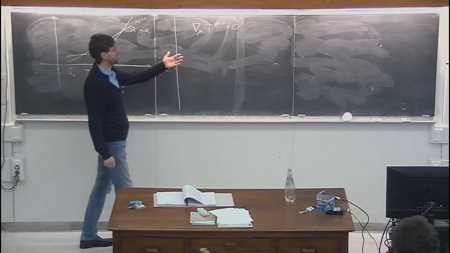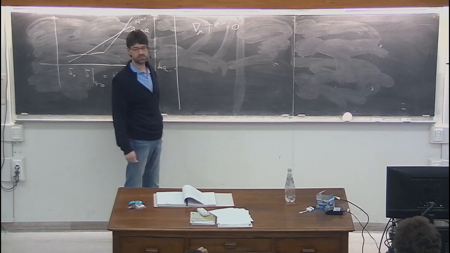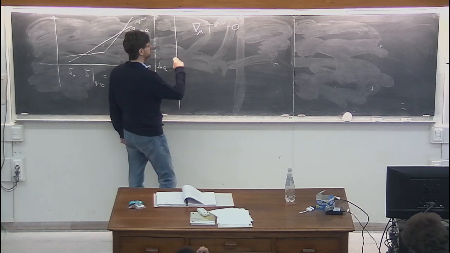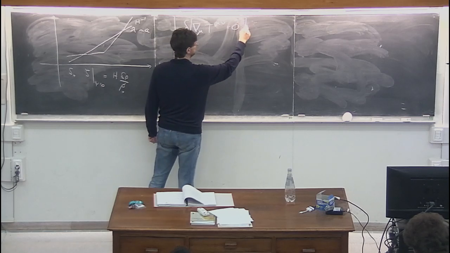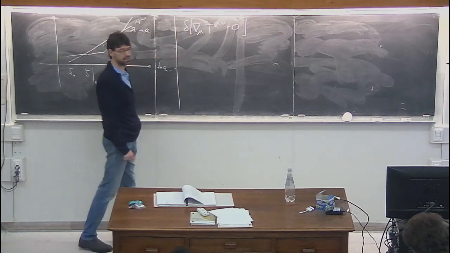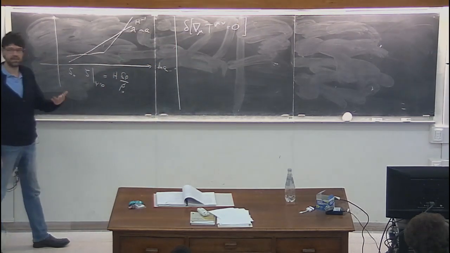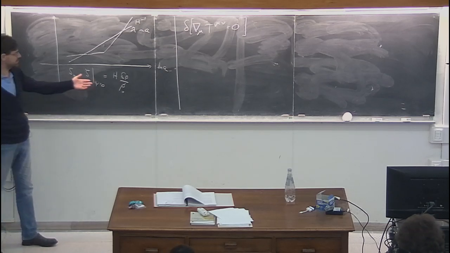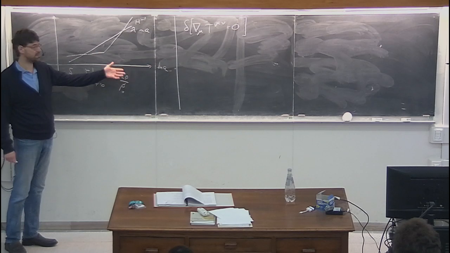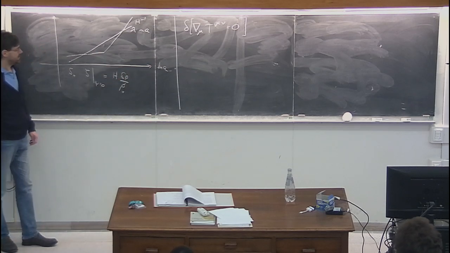In T mu nu, you have the pressure, you have the energy density. And then what you have to do is perturb this equation. In other words, you linearize this equation, and you see how the linear part of the equation looks, because we are interested in how delta rho behaves. Okay?